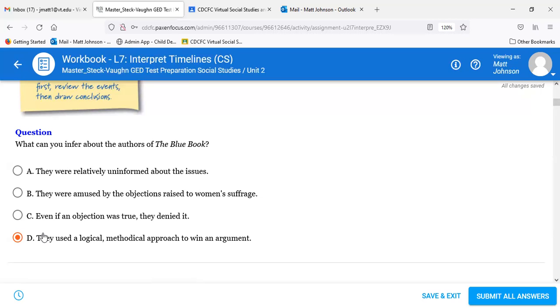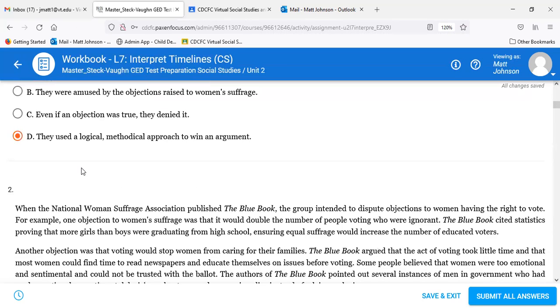And then the argument that not every decision that men in government are making is sound and logical, that they're just as susceptible to emotion as women and things like that. So D is in dog for number 1.